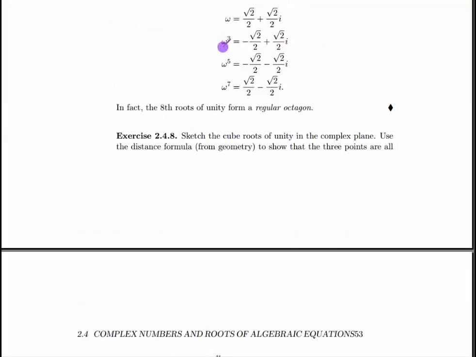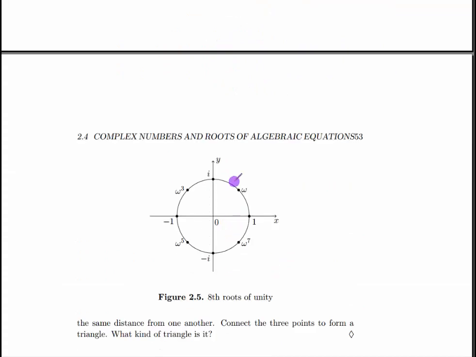And if I plot these 8 roots of unity on the complex plane, lo and behold, here's 1, 2, 3, 4, 5, 6, 7, 8. They all lie on the unit circle. We know that because the modulus is 1. But lo and behold, if I connect them, they form a regular octagon. Pretty neat, mixing geometry with algebra with complex numbers.